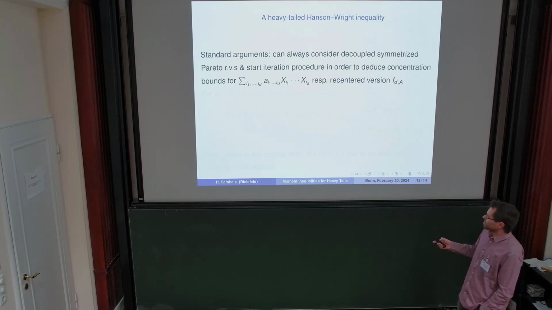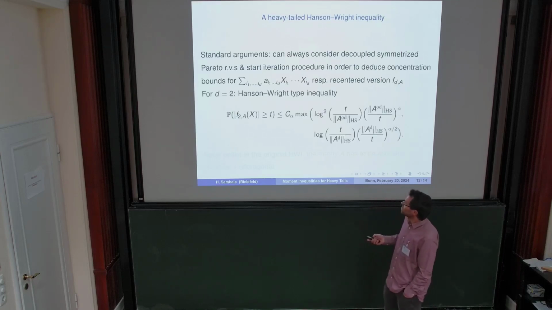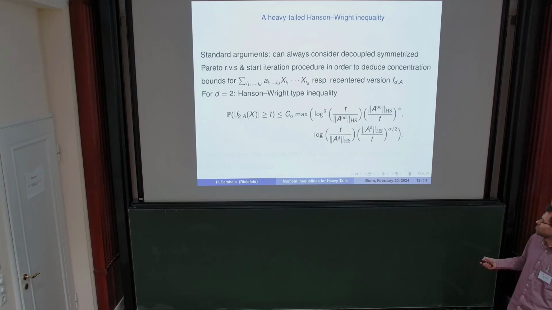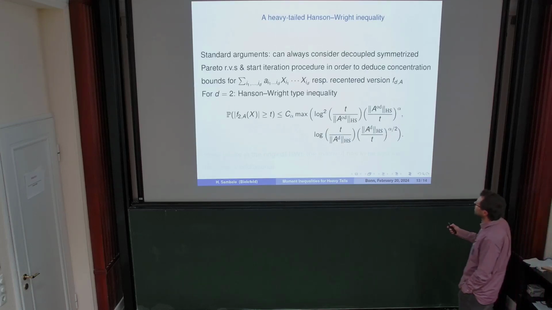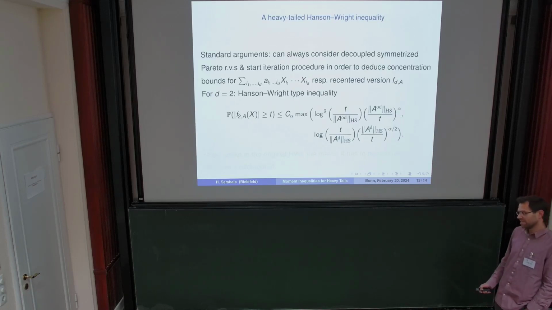Now, it works like that, and in particular, now I come back to the beginning of my talk. Finally, we do get something like a heavy-tailed Hanson-Wright inequality, which looks like that. Here you have this Pareto-type tail growth, and if you are off the diagonal of the matrix, the power is alpha, and if you're on the diagonal, the power is alpha half, which is clear after what I've said about the behavior of squares and products of independent factors, right?